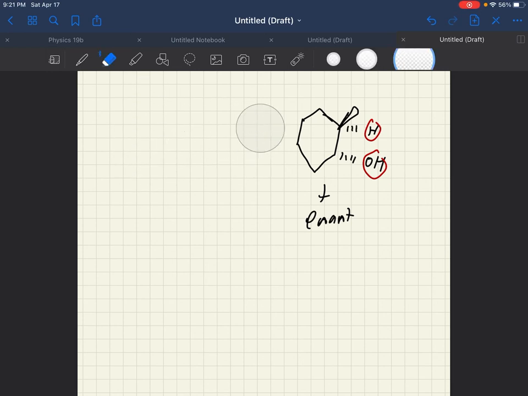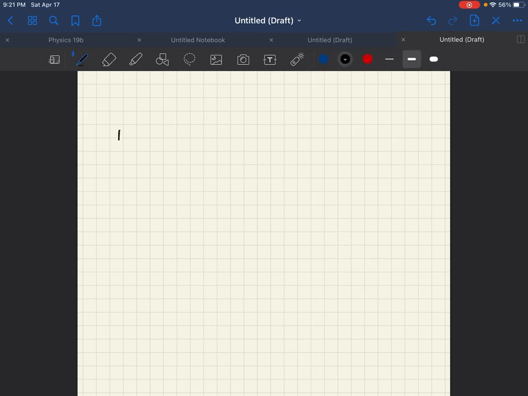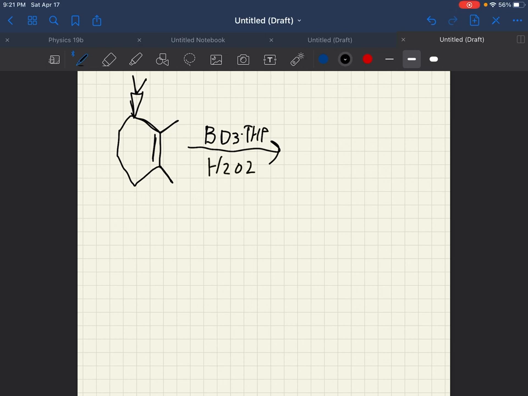But I even have another example just to nail it in your head. So the next example I have is one that looks like this. THF. Let's say we react it with H2O2. All that's going to happen here, once again, look out for that stereochemistry since it's a syn addition. It's this.